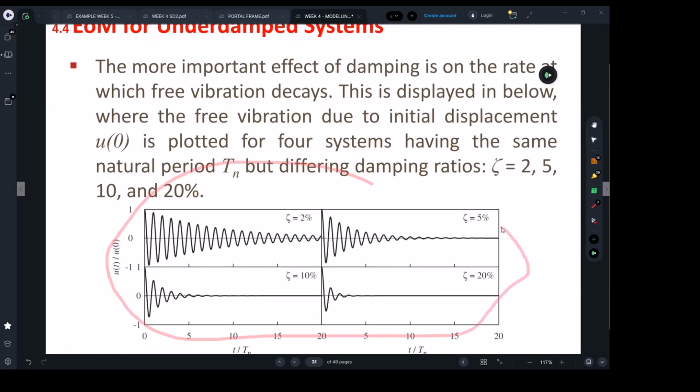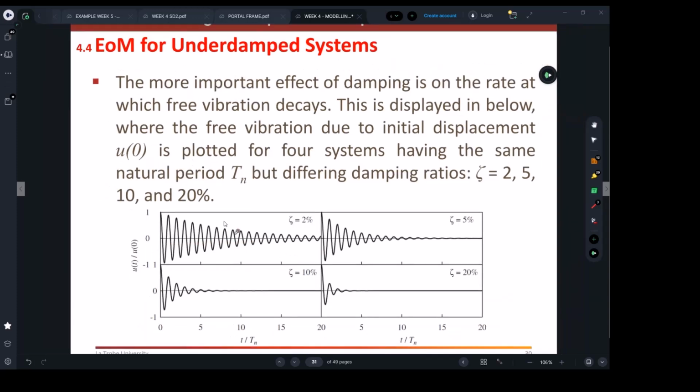This slide lets you imagine and understand how damping can change the look of vibration. If we have, for example, 2%, this is what's going to happen to your building. With 5% damping, which I said is typical for buildings in Melbourne, we would go with this.